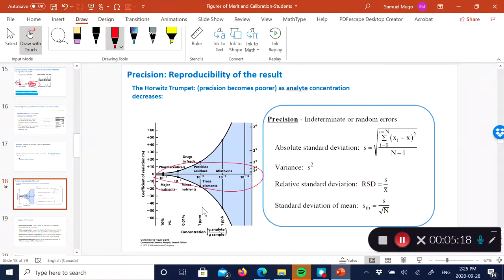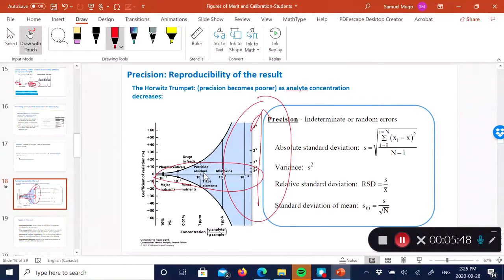Now take note of this, and this is important: as the concentration decreases, your standard deviation increases. You can see, and this is what they call the Horwitz trumpet. As you get very close to the limit of detection, your standard deviation becomes so high that you lose the ability to confidently quantify your analyte. And so that's why we talked about the limit of detection.